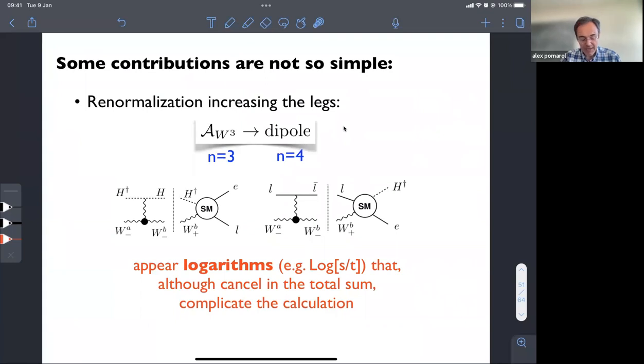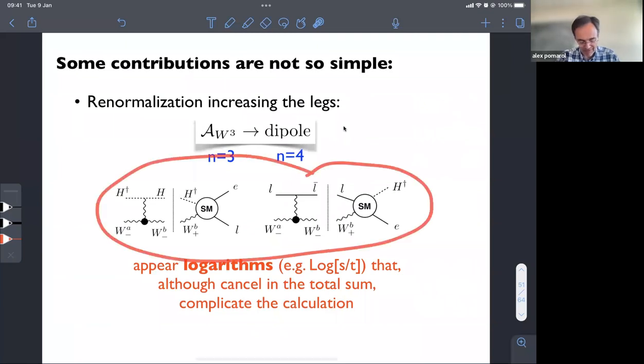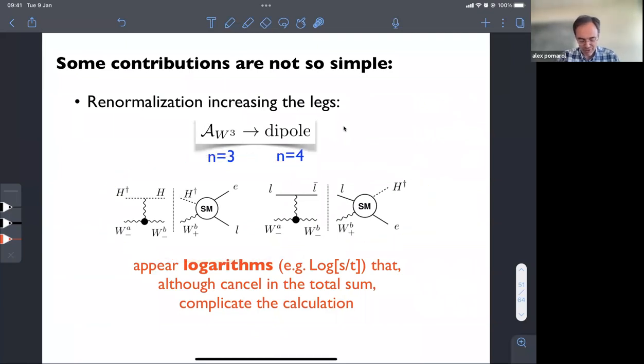Okay, and by the way, this is not generic. As I said, this decomposition in partial waves is not always possible. This is an example that you can look at a little bit here. I want to mention where it's not so easy, because you get logs and more complication in this kind of calculation. For example, how the W3 enters into the dipole.